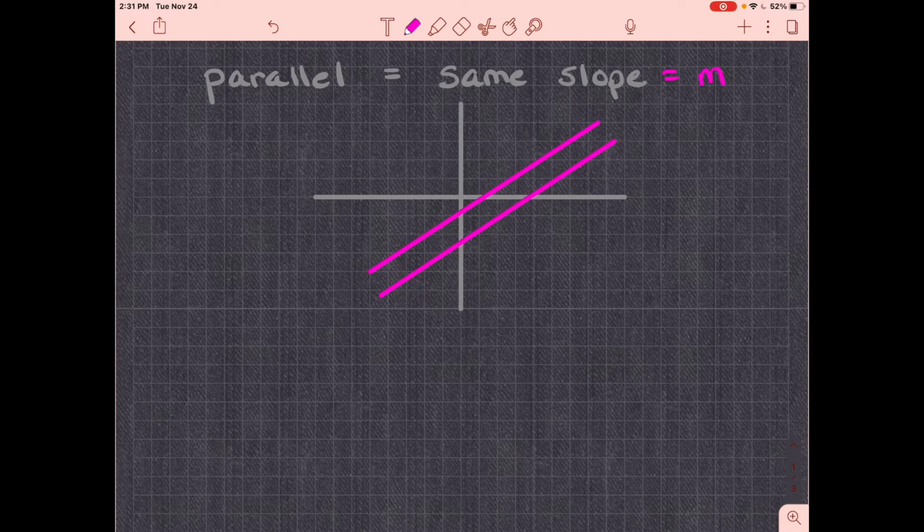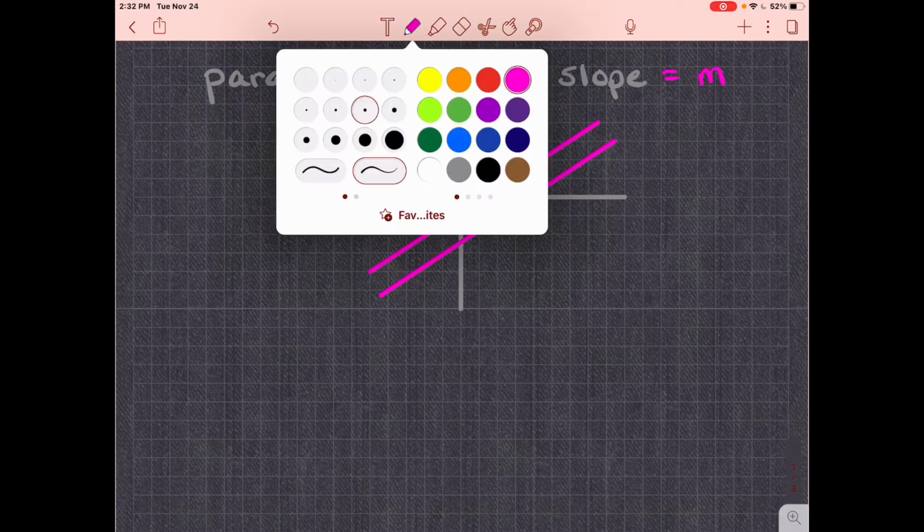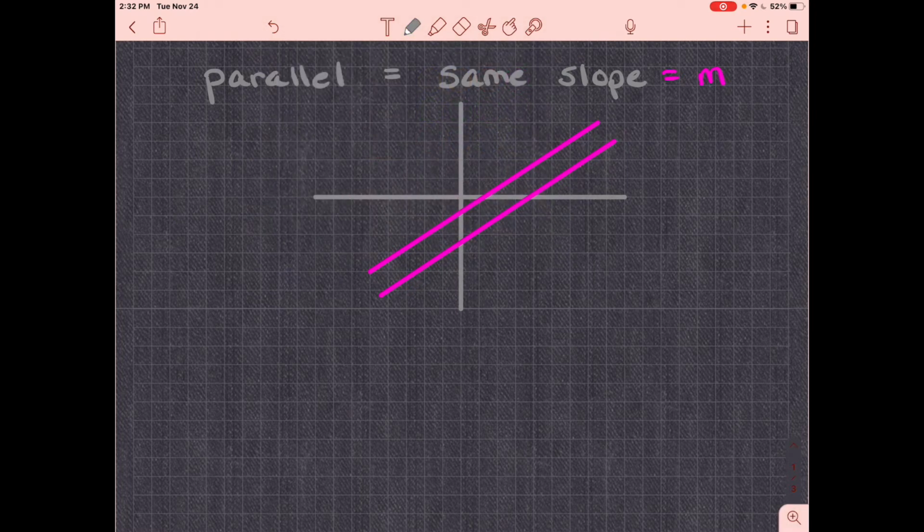Let's say the slope of the first line, the top line, is 2. The slope of the line below it will also be 2. Okay, all right.